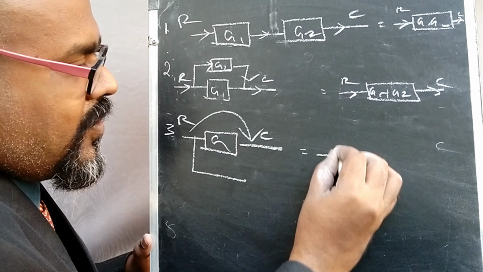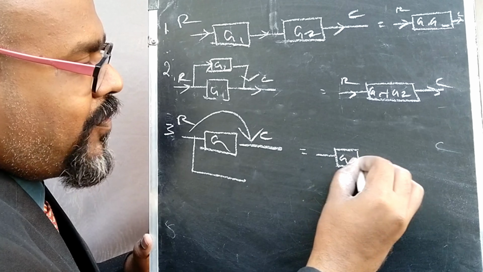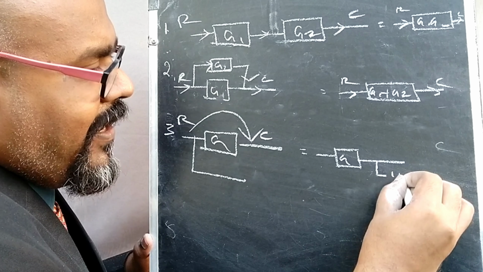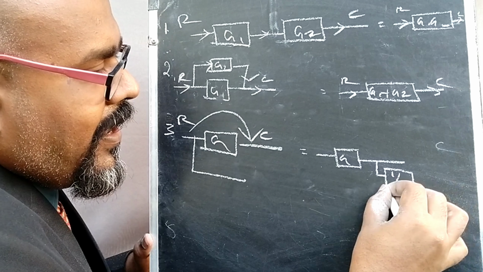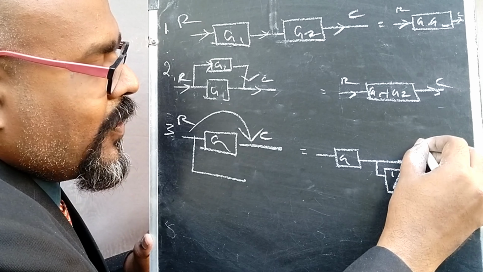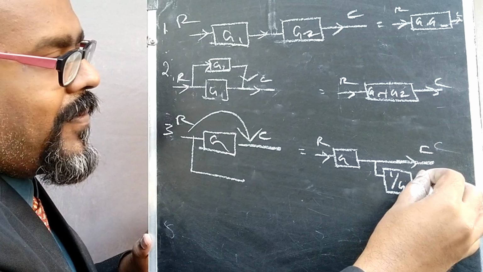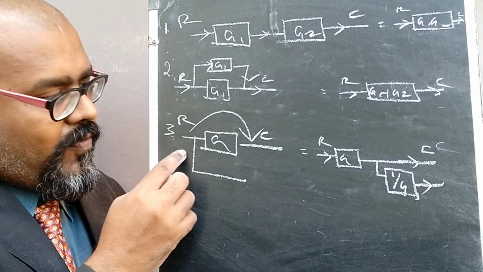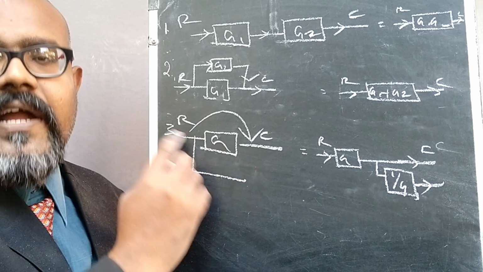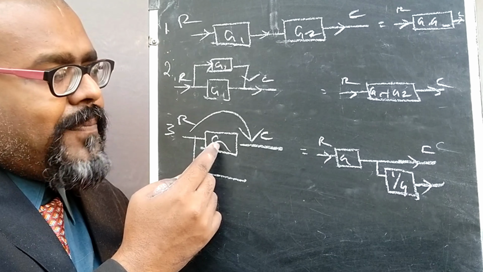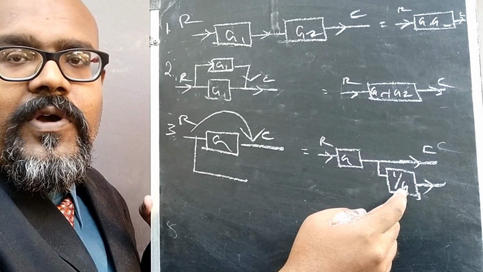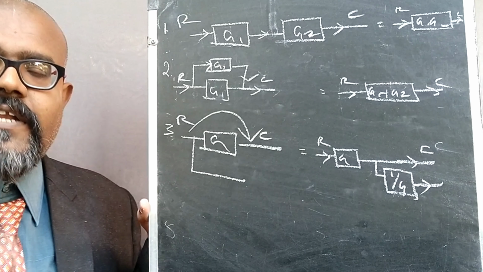You need to reciprocate that particular block. Please remember, if you want to shift the branch point ahead of the block, the reciprocal of that particular block should be added here. That is the condition you need to apply.